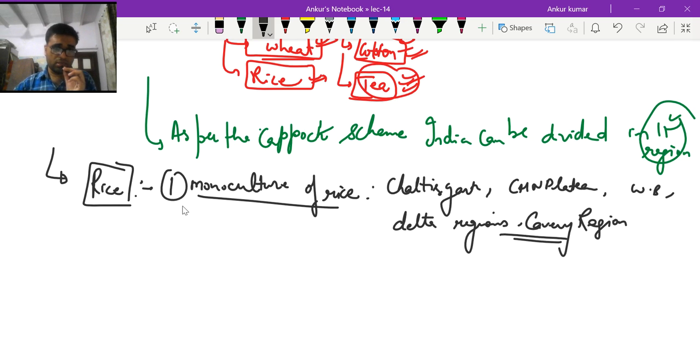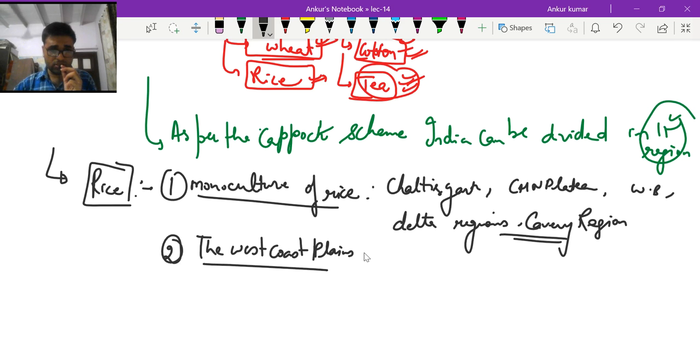The second region is the West Coast Plains, where rice is grown, which include the Malabar and Konkan coastal regions.